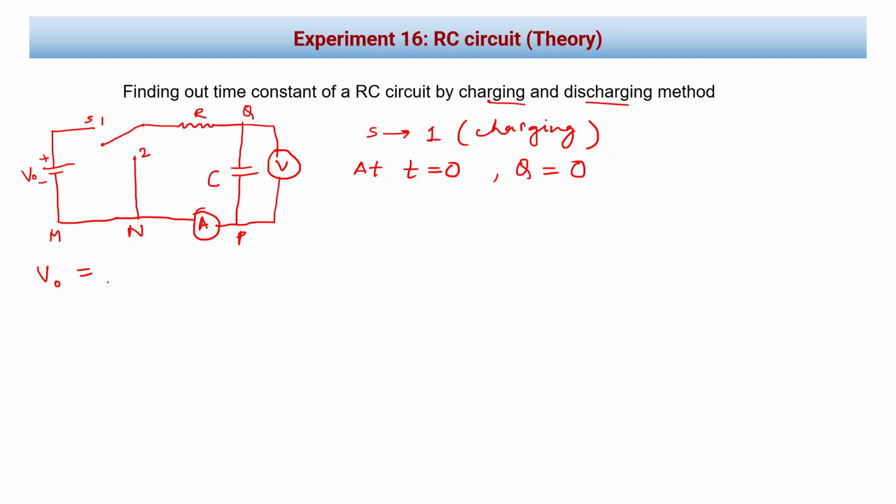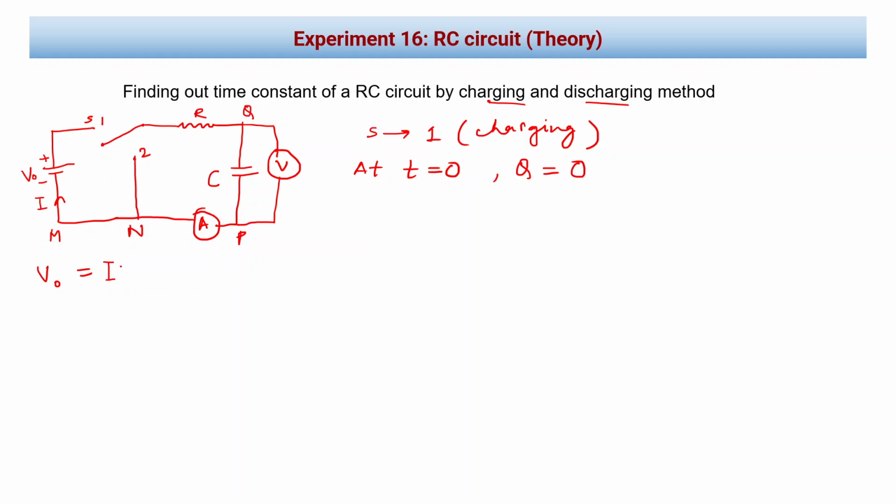So this is the source voltage, and the voltage drop in the circuit will be the voltage drop across the resistor plus that across the capacitor. Everything is in series, so the current will be the same throughout the loop.